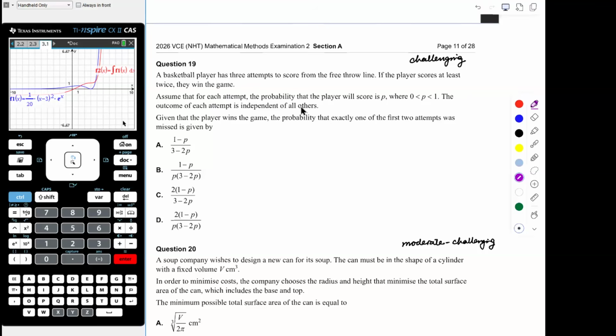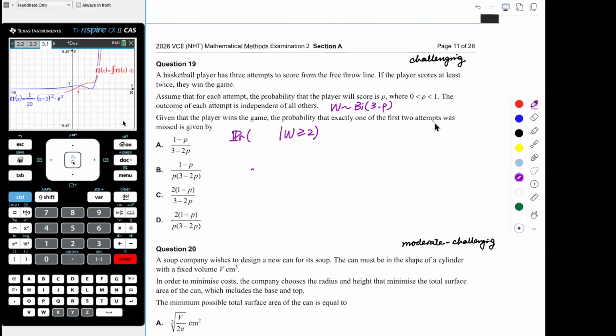So this is likely a binomial distribution. We can call it binomial 3, P. And given that a player wins the game means, okay, probability of W must be at least 2, okay? Find the probability that exactly one of the first 2 attempts was missed.